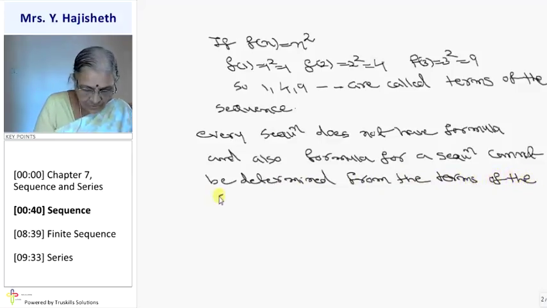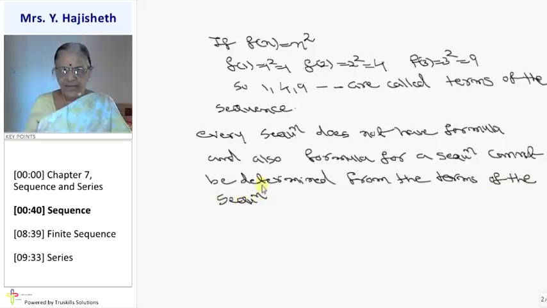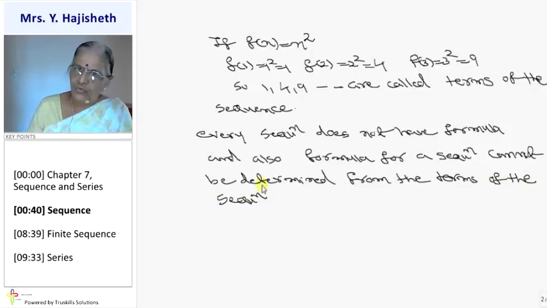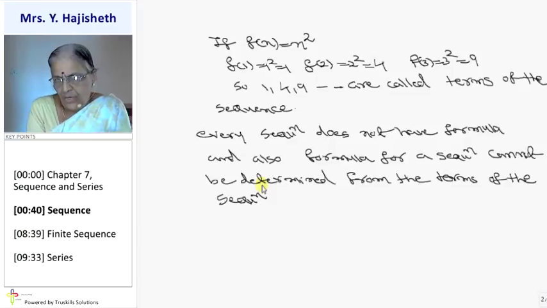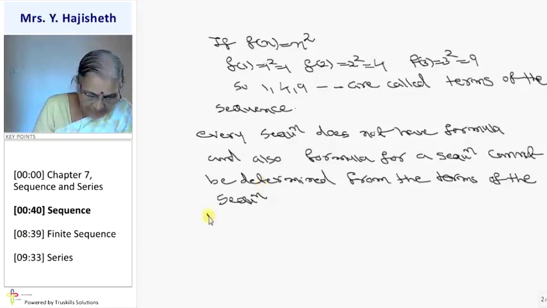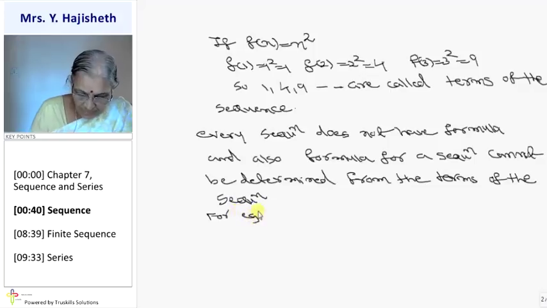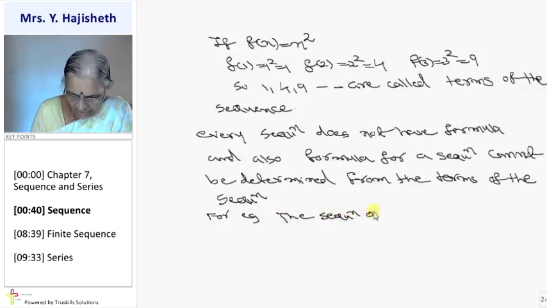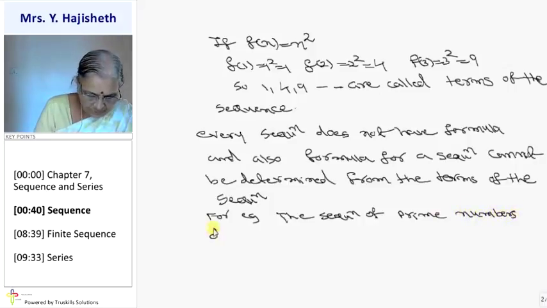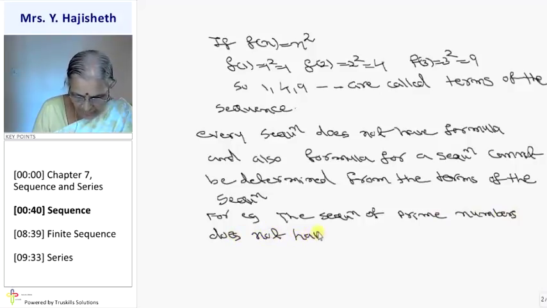Suppose you are given some terms of the sequence; you cannot determine the formula every time. For example, the sequence of prime numbers does not have a formula. You should describe it in words: f(n) is the nth prime number.